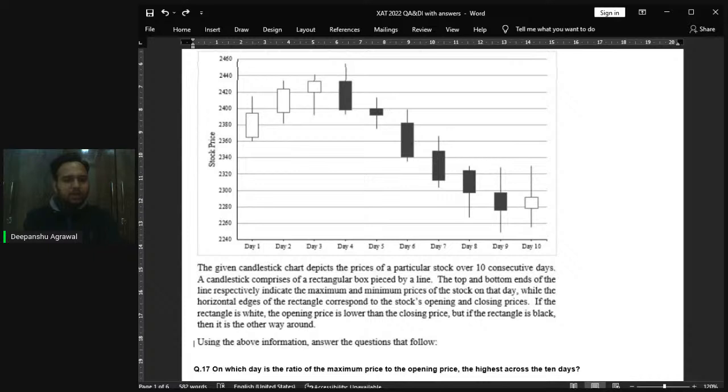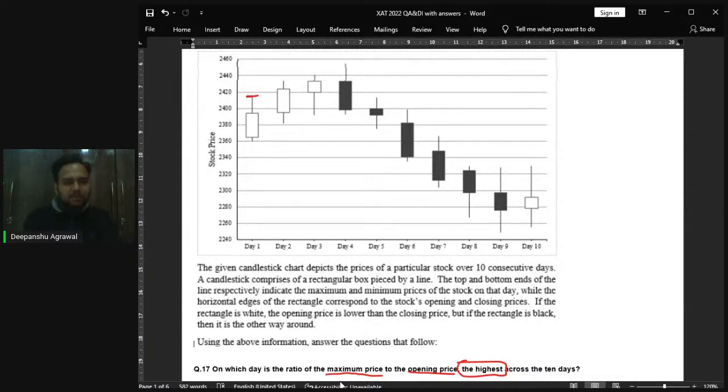So the question is, on which day is the ratio of the maximum price to the opening price highest? See, in data interpretation you need to exactly understand each and every word. So maximum upon opening means the ratio should be highest.